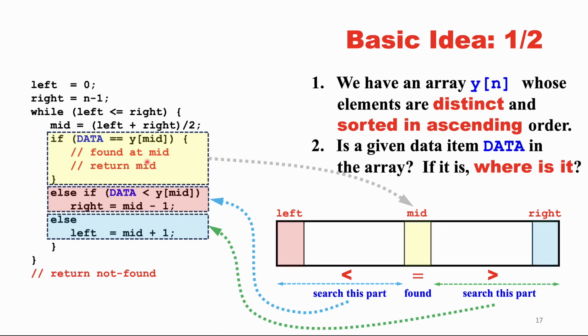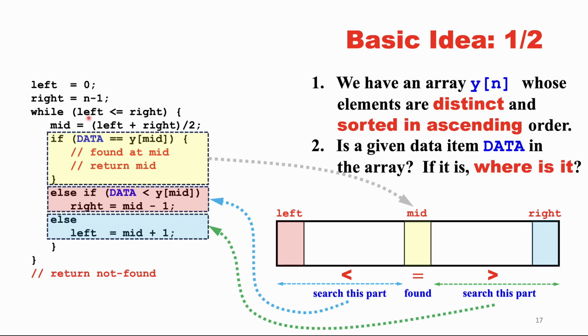This is binary search. If data is less than Y mid, then data is going to be in this section from left to mid minus 1. If it's not, then data would be in this section because it's larger than Y mid. Then next we search Y mid plus 1 to Y right.